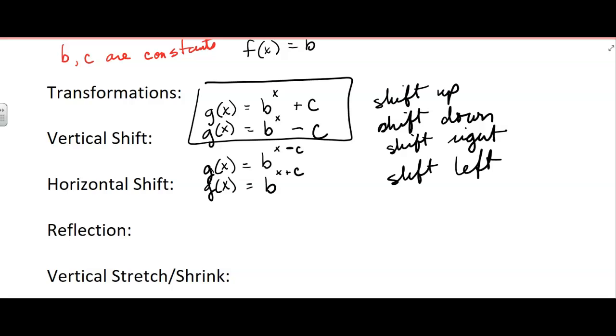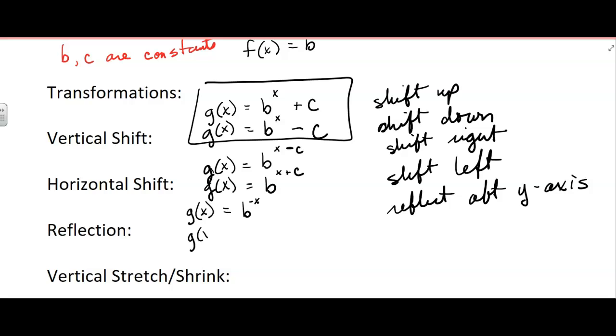A reflection. If g of x, we've seen this before, is b to the negative x, that reflects about the y-axis. We talked about having a fraction for a base, and that's what happened. But if you have g of x and you put the negative sign in front of b to the x, that doesn't make b negative before you do the exponent.